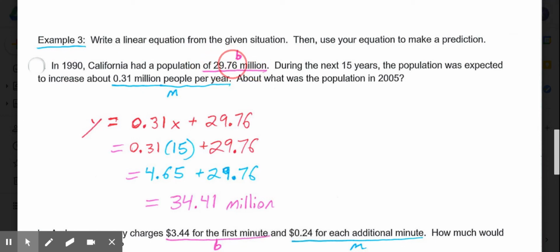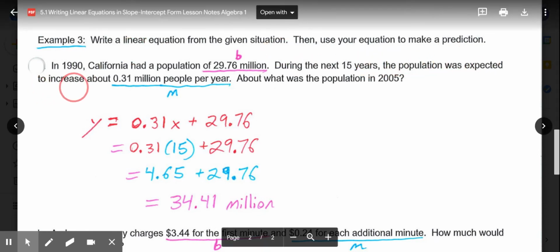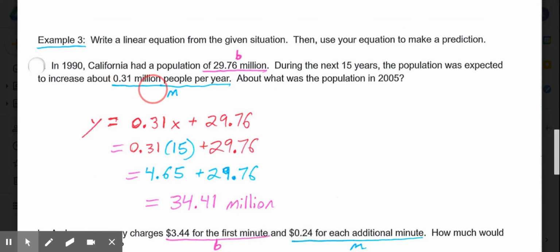So where I began, I can think of that as my y-intercept or b. During the next 15 years, the population was expected to increase about 0.31 million people per year.